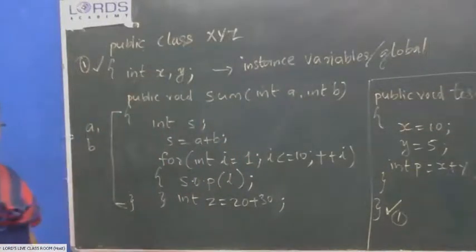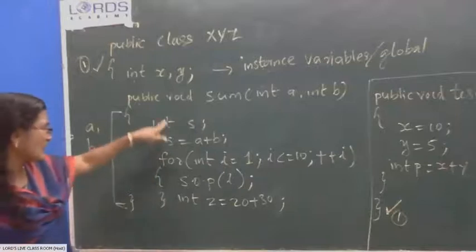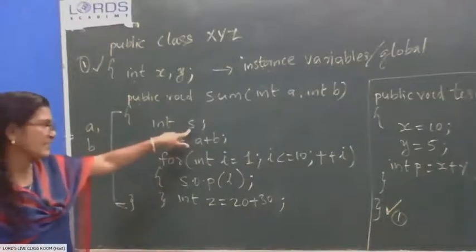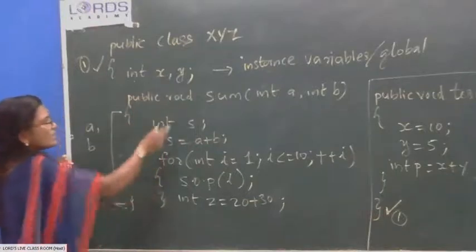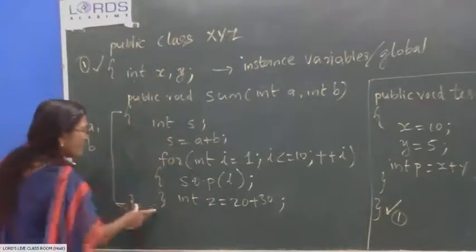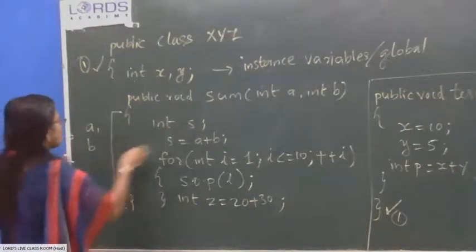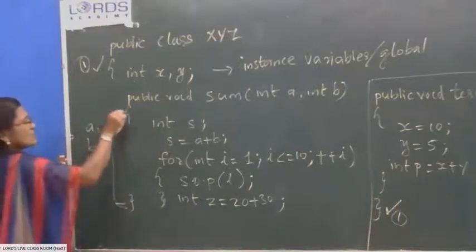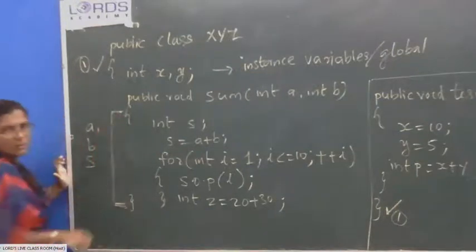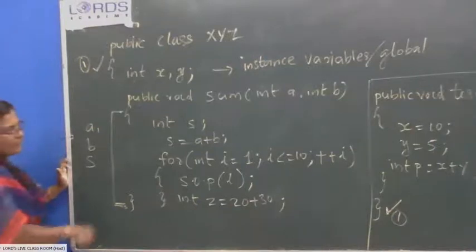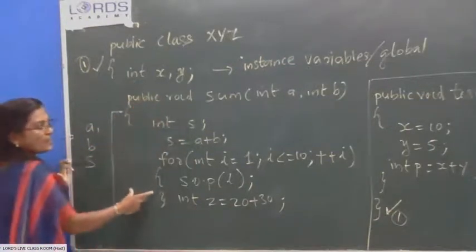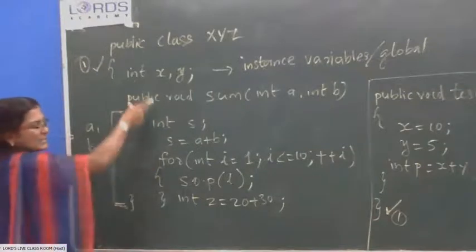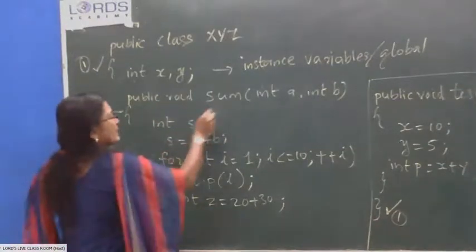Now, local variables. Inside this method, there is a variable declared, s. It is declared at the beginning of this method, so anywhere in this method you will be able to use s. The scope of s is also the method sum. It is accessible to all the looping structures or if-else constructs in the same method sum.